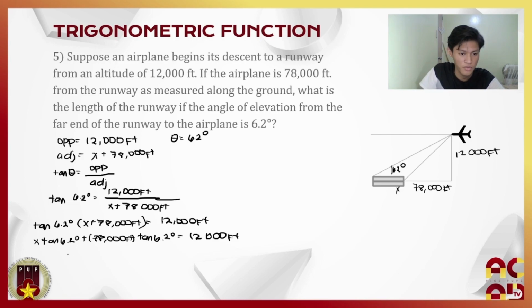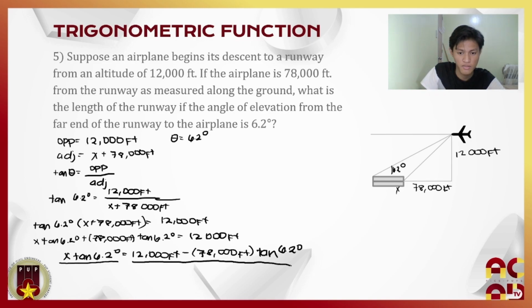So, x tangent 6.2 degrees is equals to 12,000 feet minus na pala 78,000 feet tangent 6.2 degrees, kasi tinranspose natin. So, basically, mag-iiba yung sign. Ayan. Divide both sides by tangent 6.2 degrees para ma-isolate na talaga yung x, since ayun yung value na hinahanap natin.